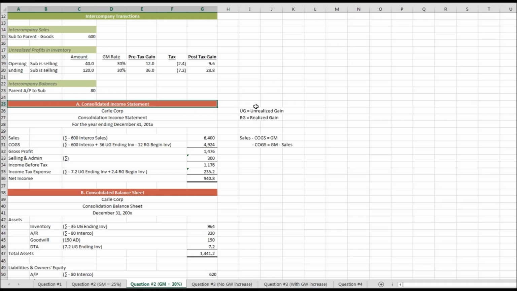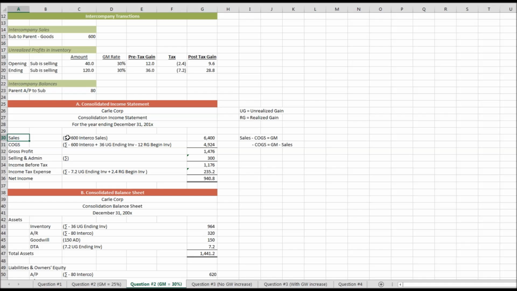All right, so just to start off, UG means unrealized gains, RG means realized gains, because these are mentioned over here in costs of goods sold. So this summation sign also means that we're adding together the income statement or the balance sheet of the parent and the sub. So we're going to start off with sales.